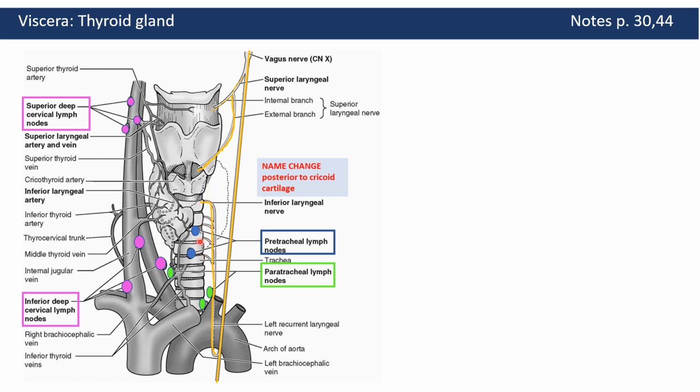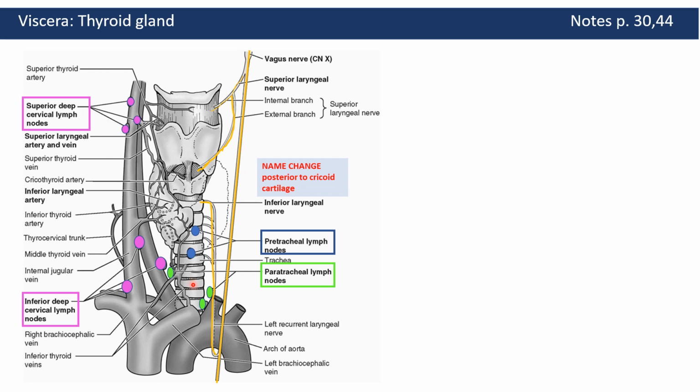I try to tell you when things are inconsistent in the text. And so if inferior laryngeal nerve is an option, I need you to know that that nerve is responsible for motor innervation to the larynx.